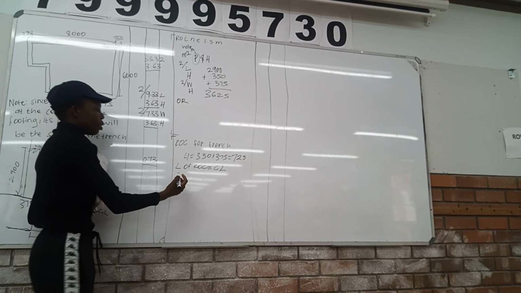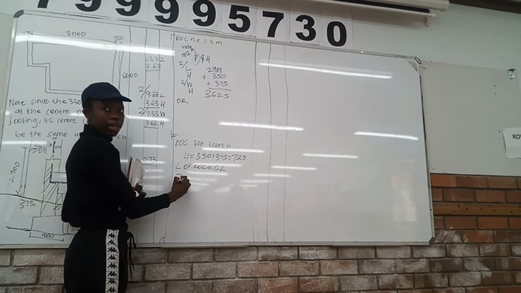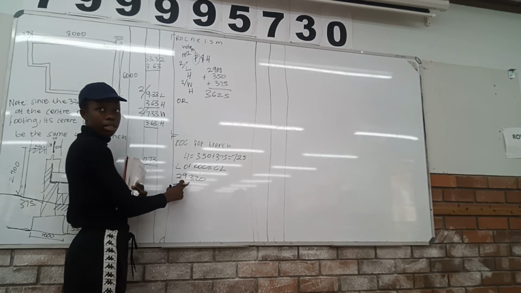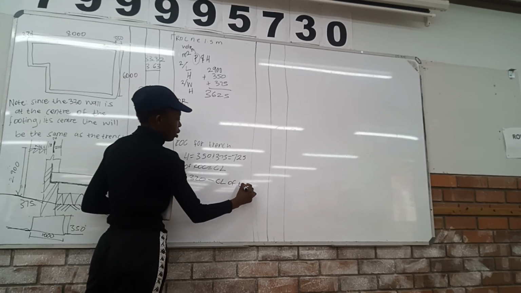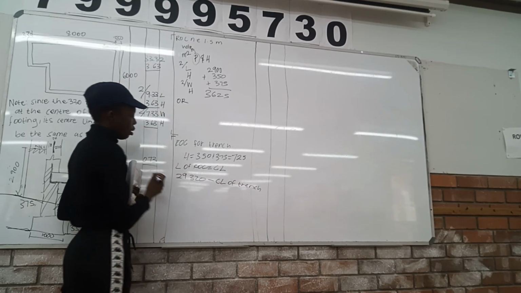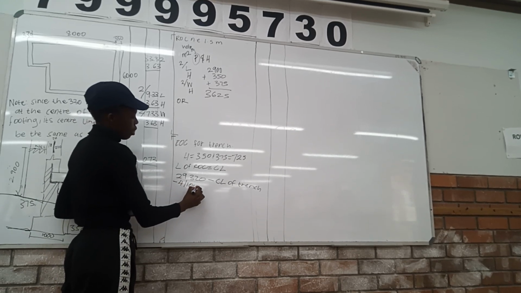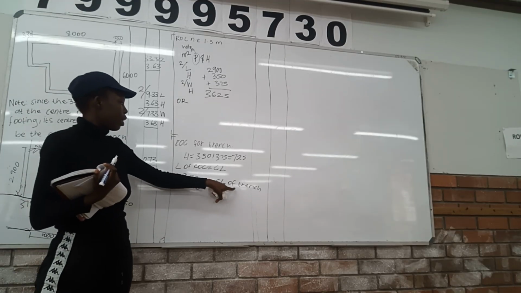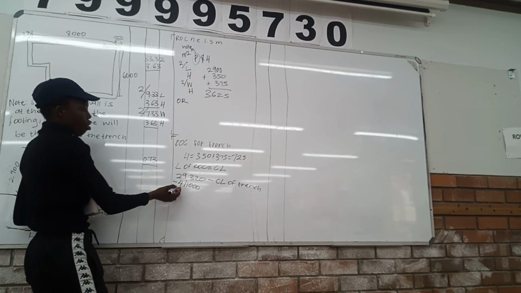So how do we do it? 29,320. This is the center line for the trench. So you take the center line of trench and then minus 4 of 1,000. So for risk of collapse of the trench, you take center line of the trench, which is 29,320, and then you subtract 4 of 1,000.